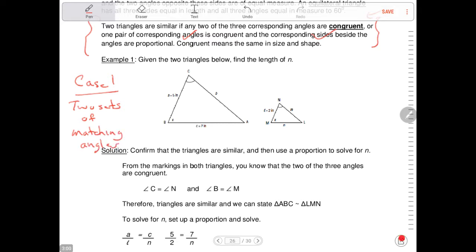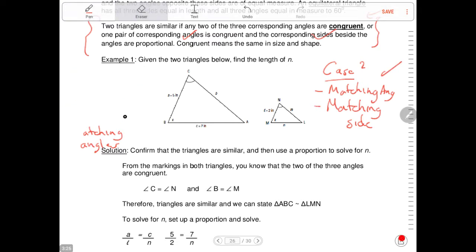The other, case 2, is when you have matching angles and congruent or proportional matching sides. So you have to be able to establish that the triangles are similar, using either case 1 or case 2.